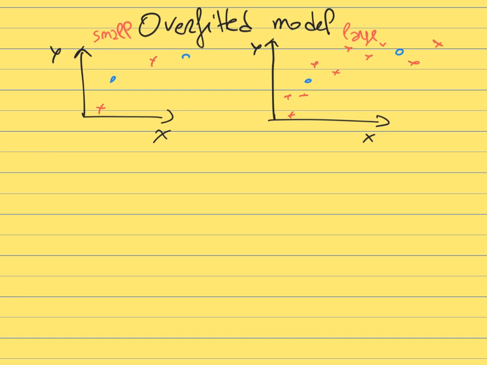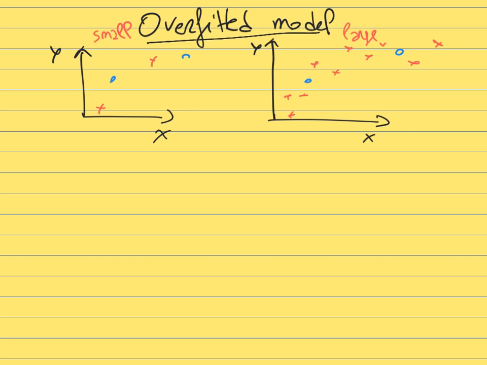So now we take the example of an overfitted model, so a model that is more complex than it needs to be. So let's see what the model would be doing in this case. When you start with a very small training set, again, your model will necessarily be able to go through every single point of the training set.